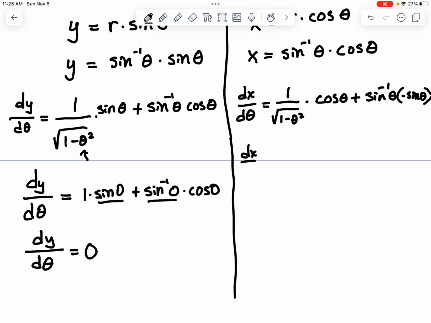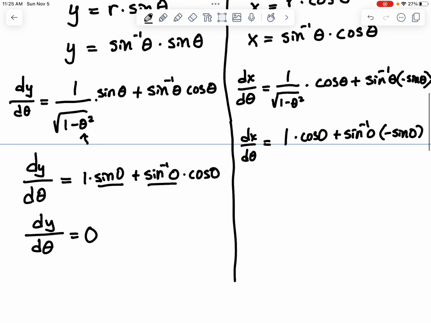So dx d theta is going to be, when you plug in a 0, you would get, first one would be a 1 again, and then cosine of 0, plus sine inverse of 0, and then negative sine of 0. And what does that equal? So cosine of 0 is 1, so this is 1 times 1. Sine inverse of 0 is 0, sine of 0 is 0, so that's just 0.